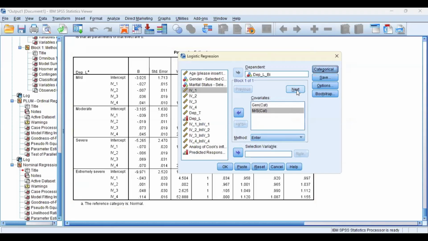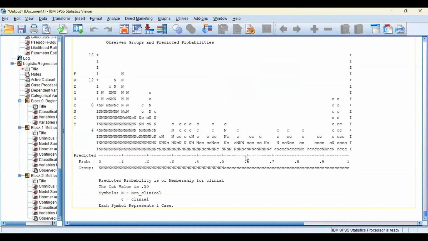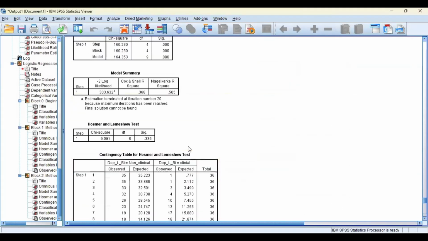Then I click on next, and now I do everything the way I did at first, putting all of my IVs here. In this way, my results will be adjusted based on the effects of the categorical covariates that I wanted to include. So if I click on OK, you can see that everything is the same.